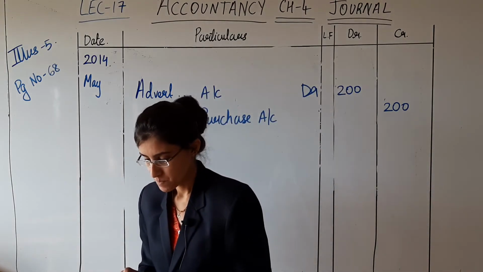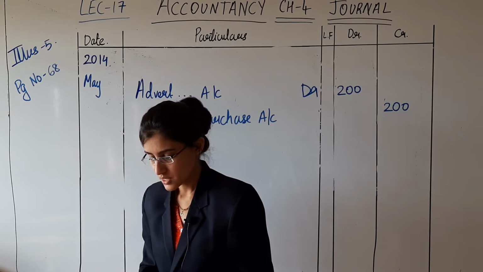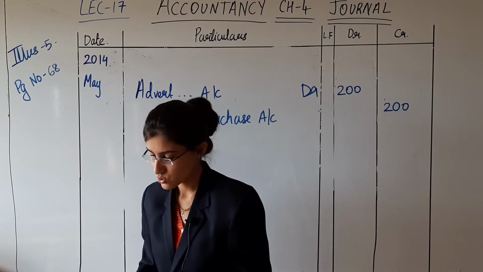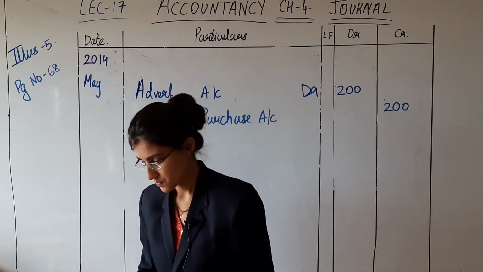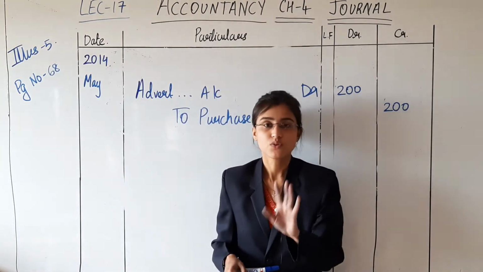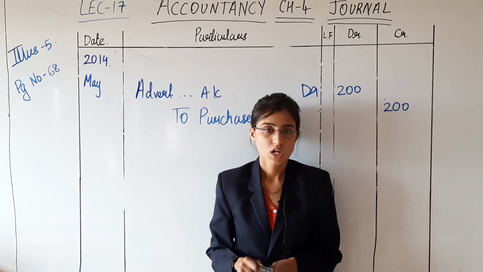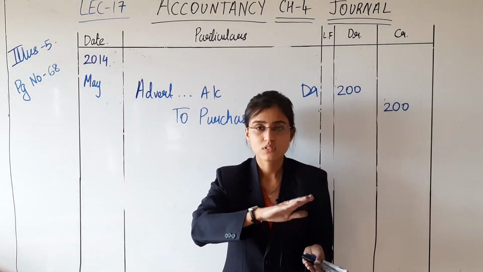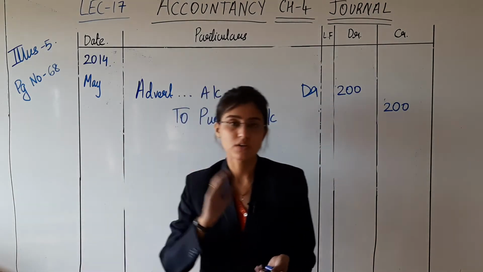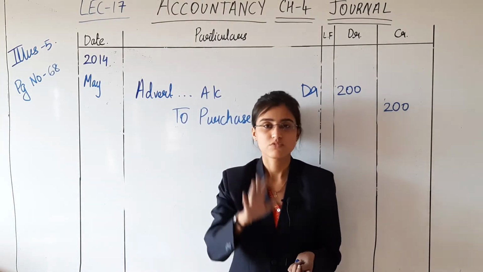Then goods of rupees 600 destroyed in rain, which is sold for rupees 200. So you have received 200. Cash comes in, cash account debit 200. What is your loss? Out of 600 you have already recovered 200. So what is your loss by rain? 400.